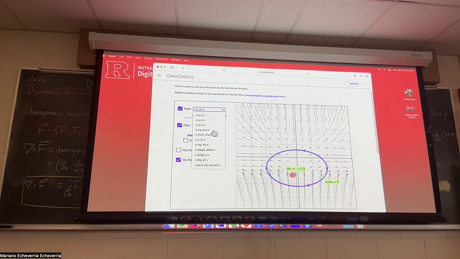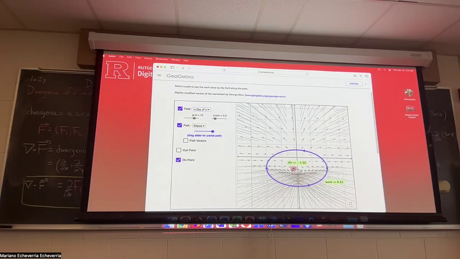Let's see if there's one that's a little bit better for that. You have to move it around, but positive divergence just means that near that point stuff is being added to the fluid, and negative divergence means that near that point stuff is being removed from the fluid.